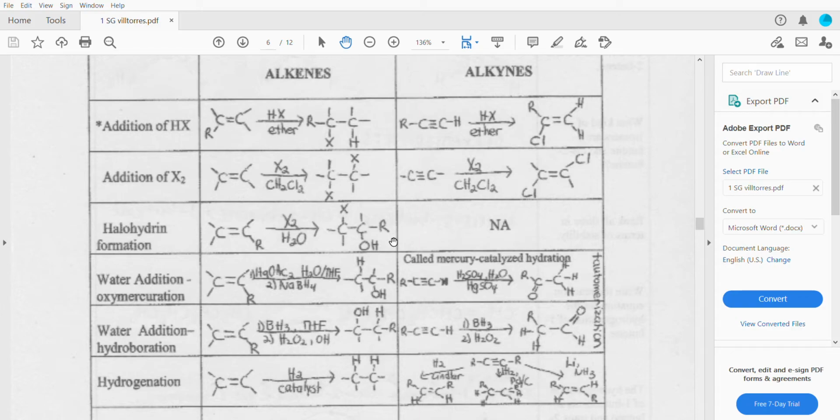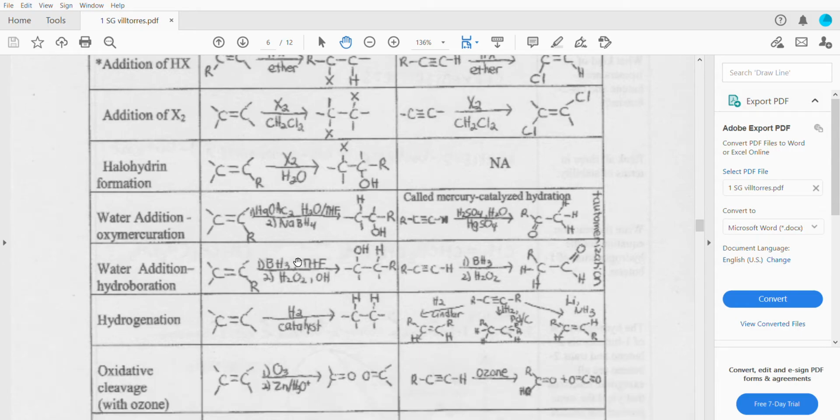It's an addition reaction. Halohydrin formation: you can see how OH is going to add here and X is going to add here and the double bond breaks. Water addition, oxymercuration. This is hydroboration, BH3 and THF, then H2O2 and OH-. So you can see these are things you need to memorize.